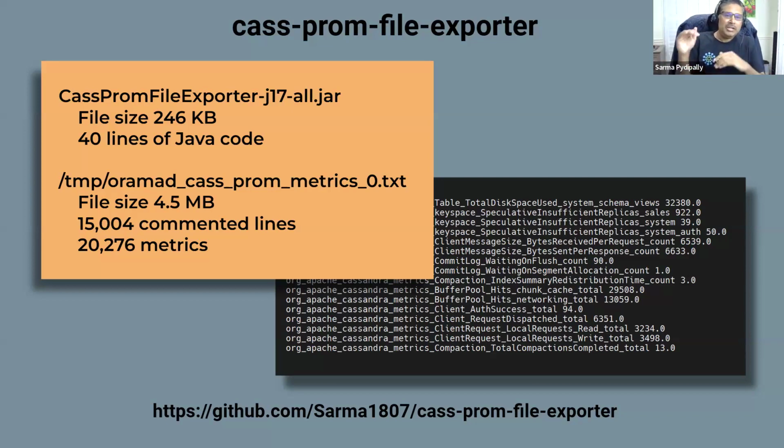And out of the 20,000 metrics, or the file, which is a 4 MB file, about 15,000 of them are commented lines. If you look at a Prometheus formatted file, you can see that every metric is given a comment which says, hey, this is the kind of metric you're looking at. It's a gauge, it's a number, it's a count or percentage.